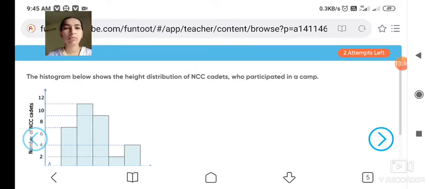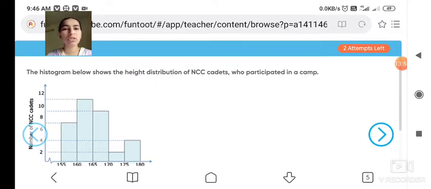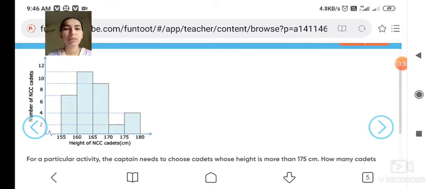The histogram below shows the height distribution of NCC cadets who participate in a camp. Here the height of the participants is given in centimeters. On the horizontal line height is taken, and on the vertical line the number of NCC cadets is given.